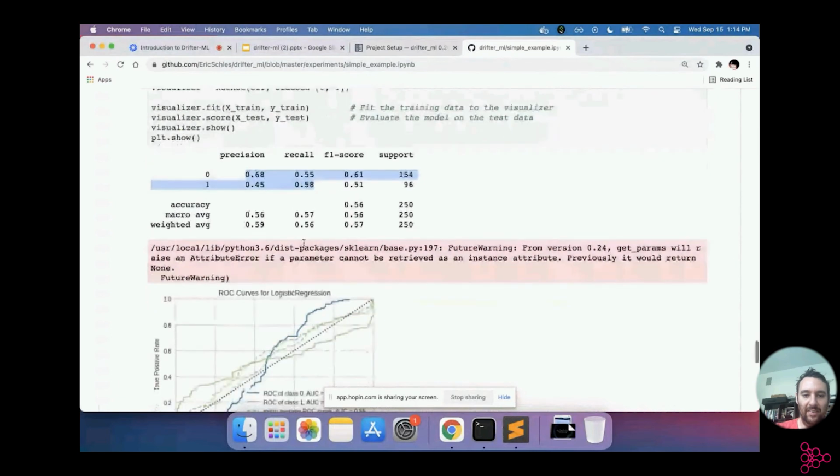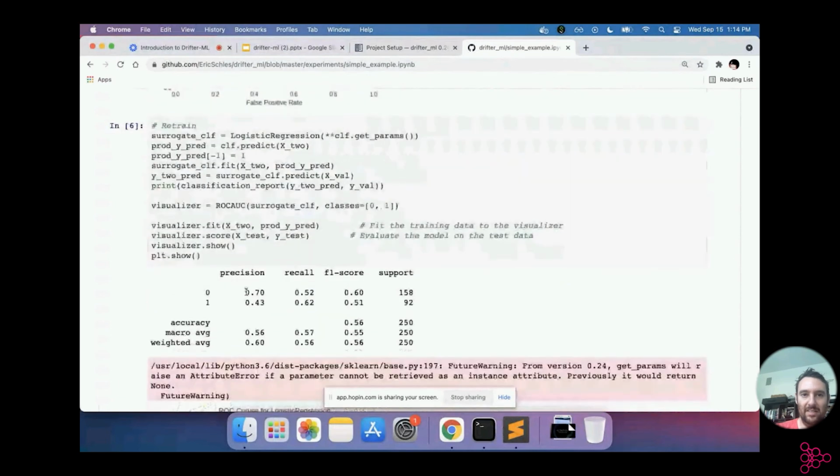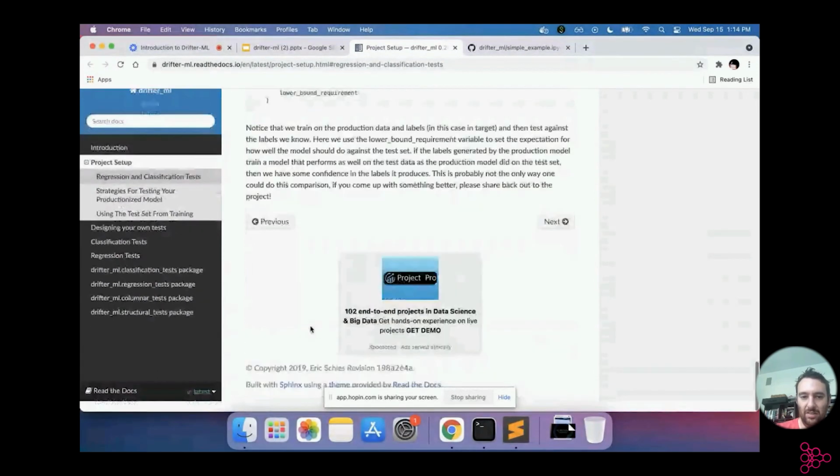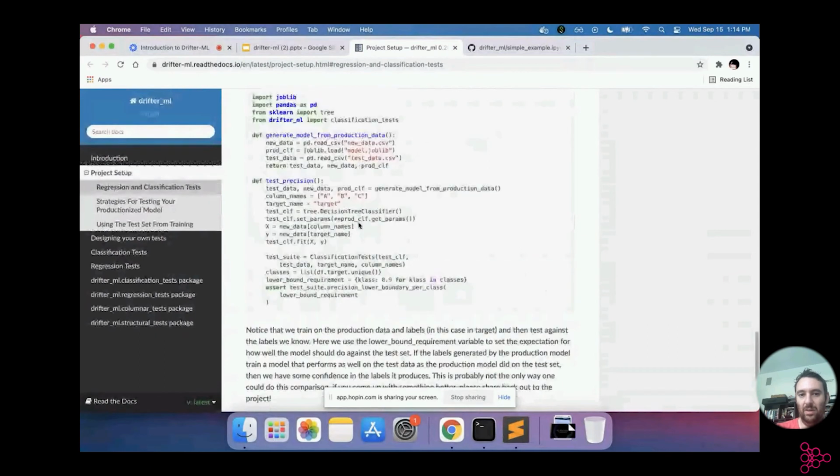We're just saying, are all the classes above 90%? Because in the training setting, they were above 90%. If they're not, then we assert false. That's it. That's a test. With that, you're good. You can literally put this in production.